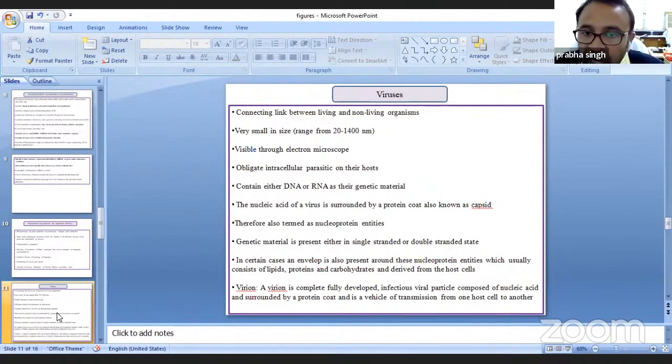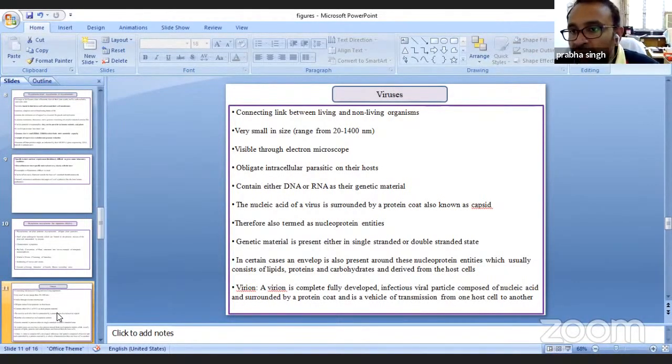Genetic material is present either in a single stranded state or double stranded state, right? So in the case of viruses, we have 4 different classes: single stranded DNA, double stranded DNA, single stranded RNA, and double stranded RNA.